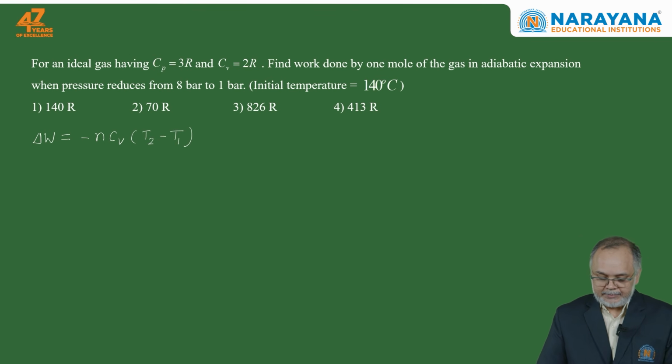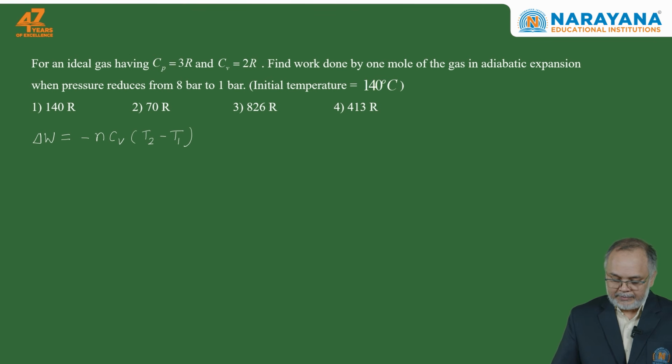So in this process we require T2 and T1. The values of T2 and T1 we need to know here. So with the 8 bar to 1 bar pressure change, we can relate T2 with T1.